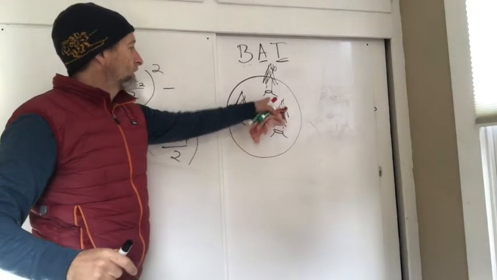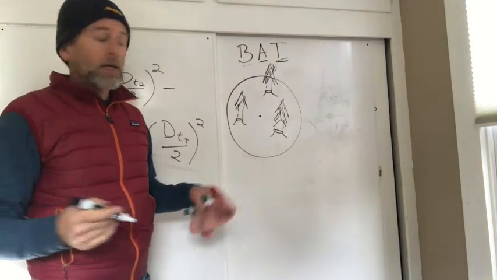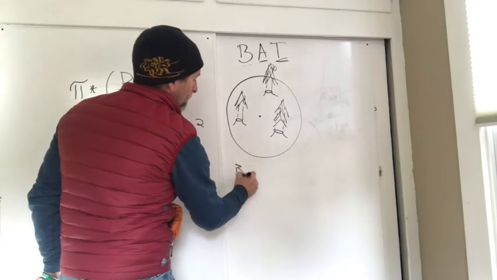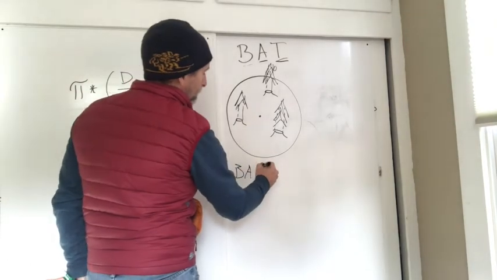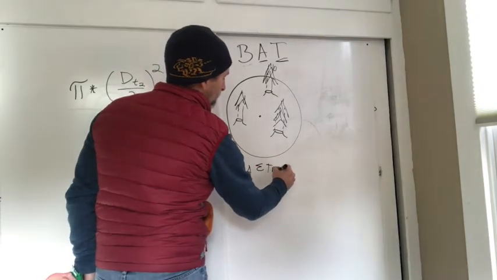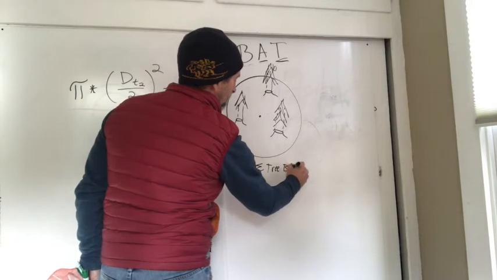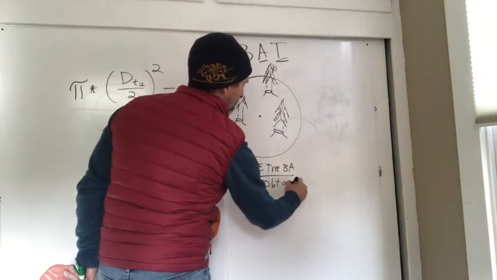So I have a basal area associated with each of these, and then I have an area of my entire plot. So in this case, my basal area is going to be something like the sum of tree area divided by plot area.